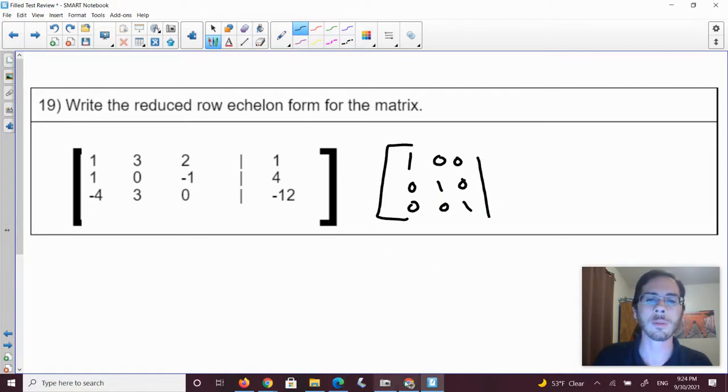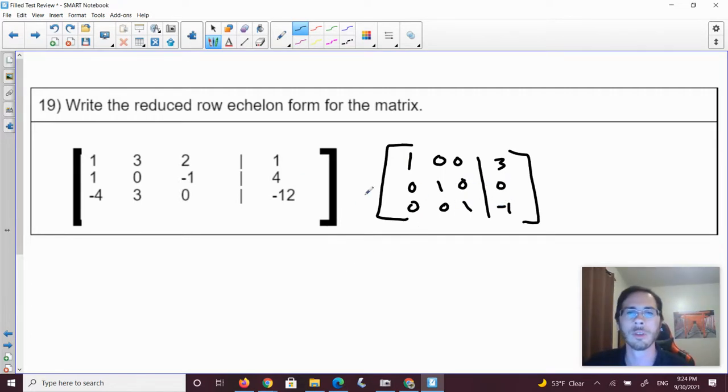So the solution to our system would be, if we wanted to actually write the solution, x is 3, y is 0, and z is negative 1. And that's pretty nice. A pretty quick way to do those 3D systems of equations.